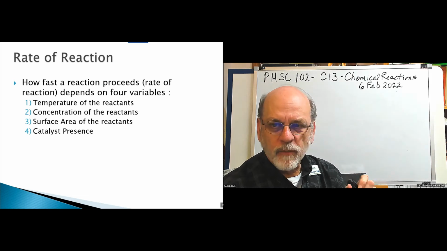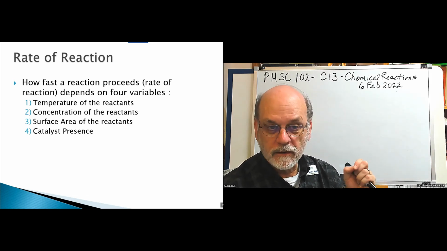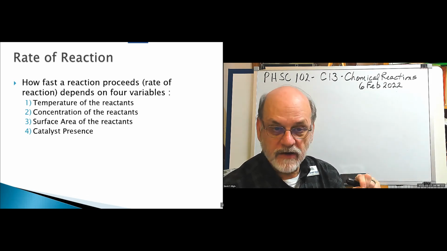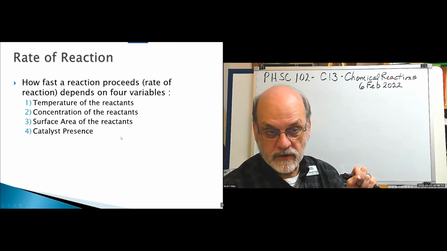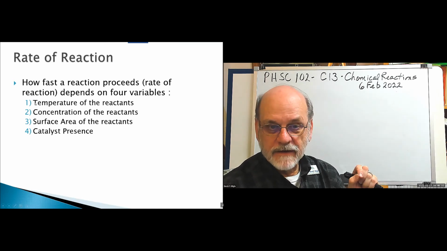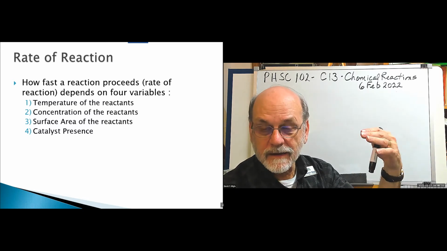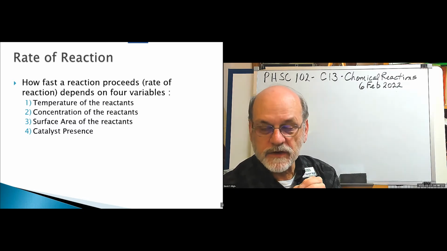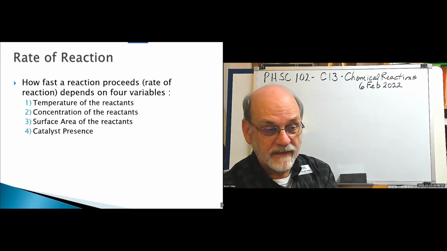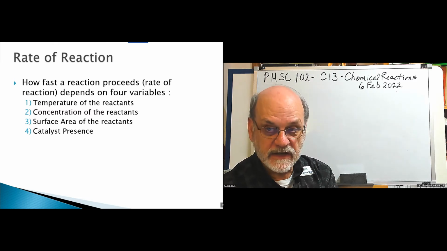The four primary variables for how fast the reaction goes. One is temperature. If the temperature of the reactants is high, then you would expect to increase the rate of reaction. And that's based upon the activation energy.